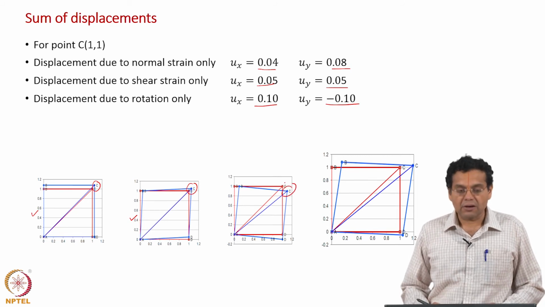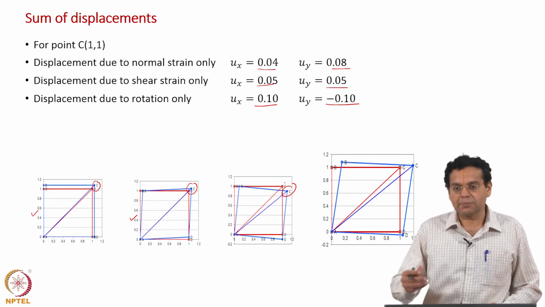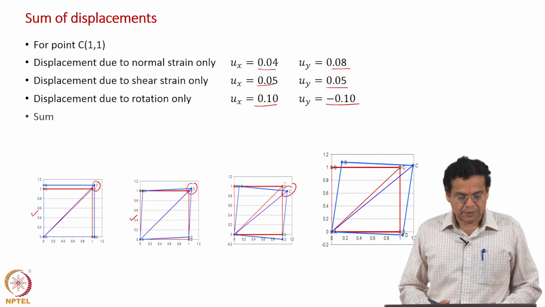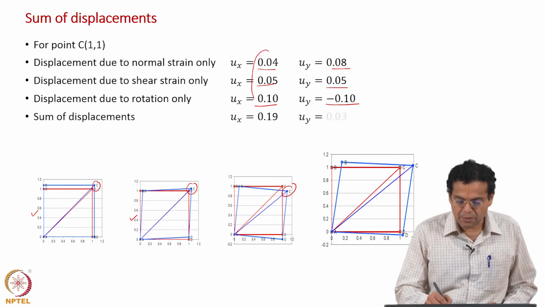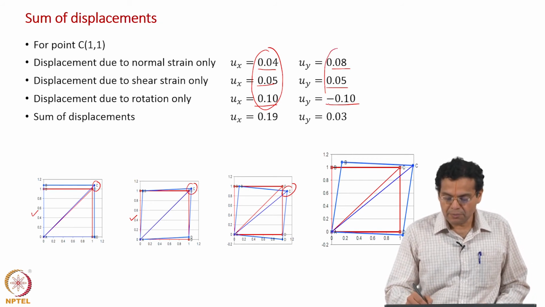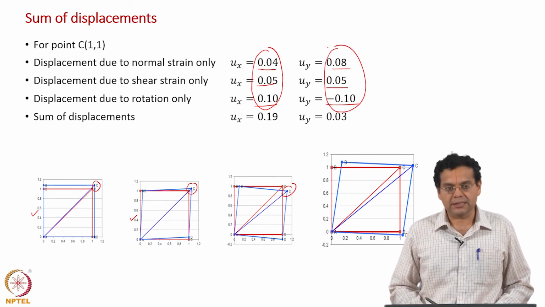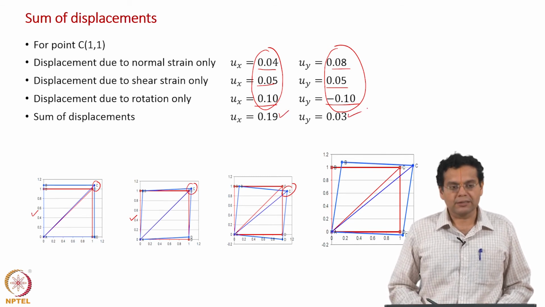Now, let us add all the displacements. Coordinates should not be added, that is not meaningful, displacements have to be added. So, sum of displacements, which means sum all these displacements along the x direction, sum all these displacements along the y direction, you get 0.19 and 0.03.